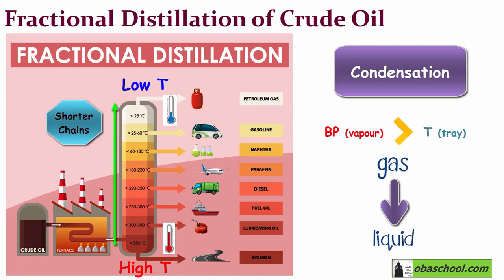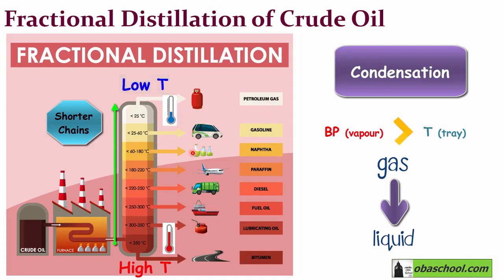The shorter chain hydrocarbons will condense in trays near the top where the temperature will be lower. Shorter chain hydrocarbons have lower boiling points and thus they need lower temperatures to condense, and at the top of the tower we will have low temperatures. So for example, petroleum gas is collected, and gasoline will be collected.